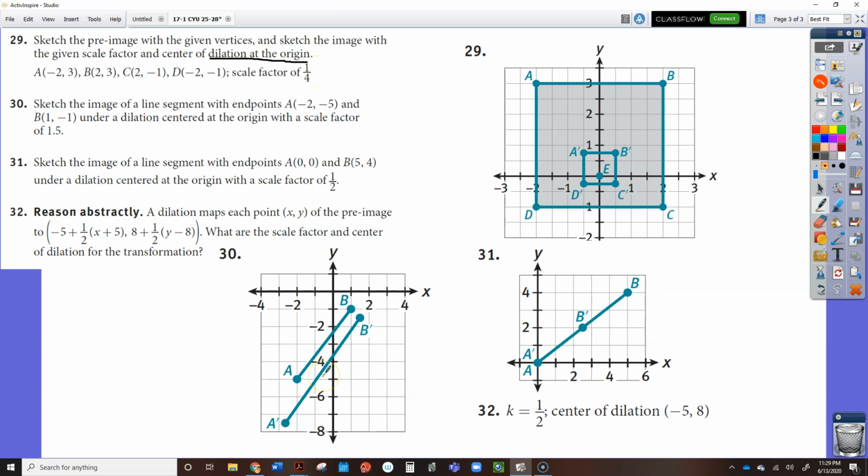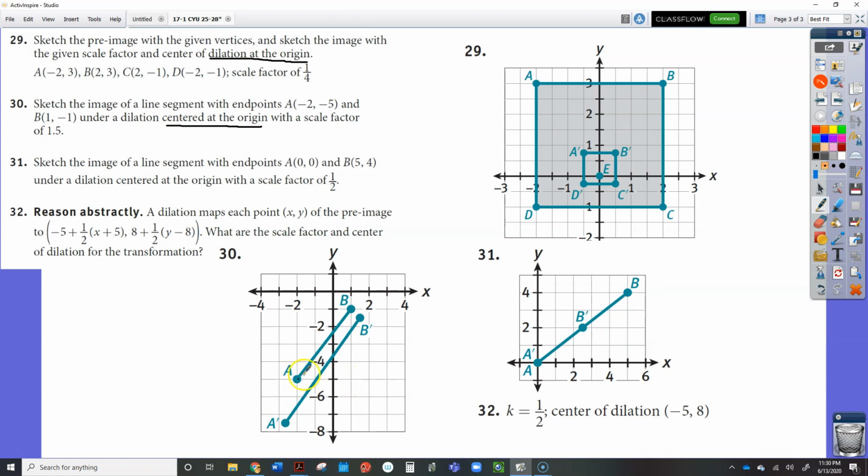30 is right here. The dilation is centered at the origin. Again, that's super easy. Just multiply these coordinates by 1.5, and you'll get your new point. I don't know if you noticed this, but to get from point B right here to point A, it's 1, 2, 3, 4 over 1, 2, 3.